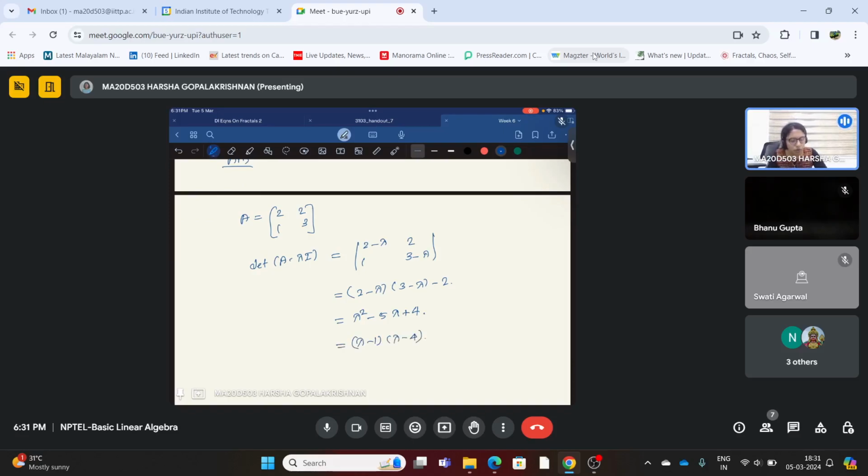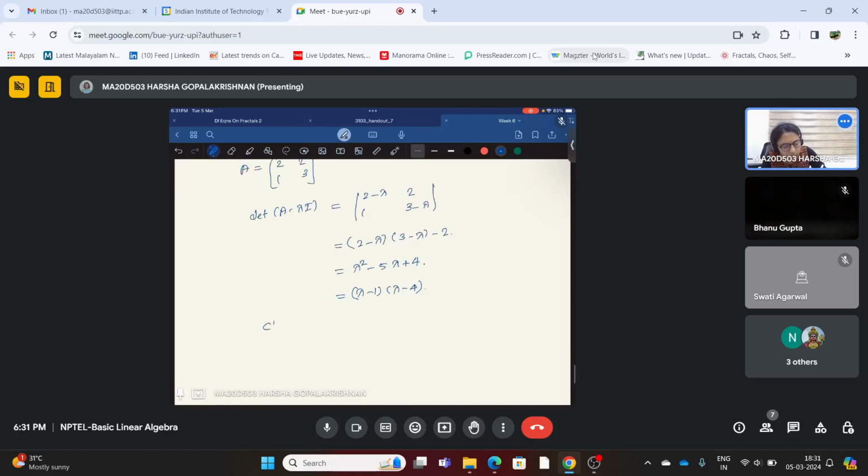So what is our characteristic polynomial here? The characteristic polynomial is p of lambda equal to lambda square minus 5 lambda plus 4. Polynomial means in terms of this. And the characteristic equation is where this polynomial is equated to 0.